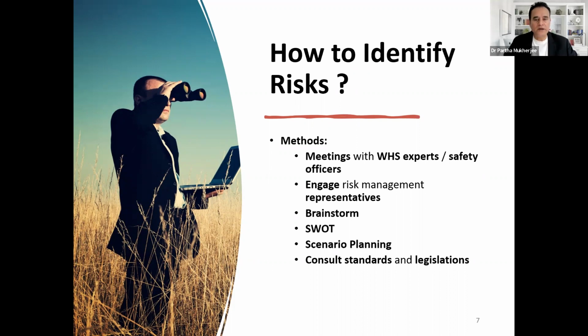The third one is another easy one where you all brainstorm. I gave you the example of, suppose you're planning for a holiday or planning for a picnic. So what you do is you all sit down together and you brainstorm, okay, what can go wrong? Someone will say, oh, we may just forget the food or the dessert. Someone might say we just forget the cricket ball and bat that we are going to play with.